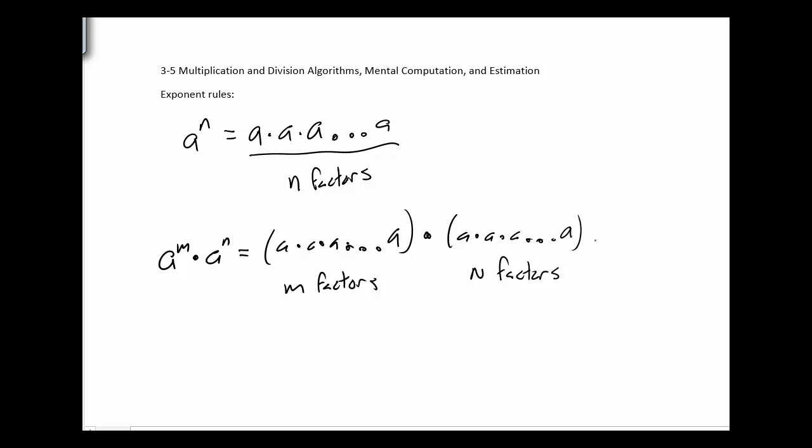So if I combine them together, how many a's do I have? Well, that would be m plus n, which we can rewrite as a to the m plus n power. So when you are multiplying variables that have the same base, you can add the exponents.